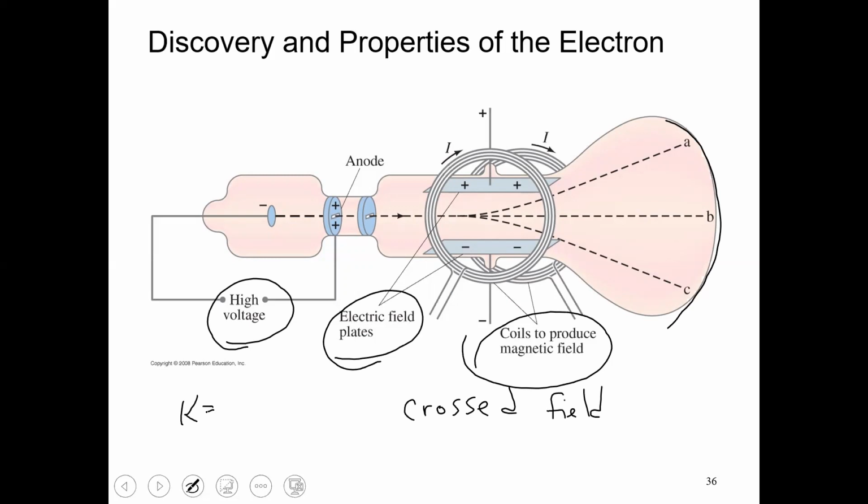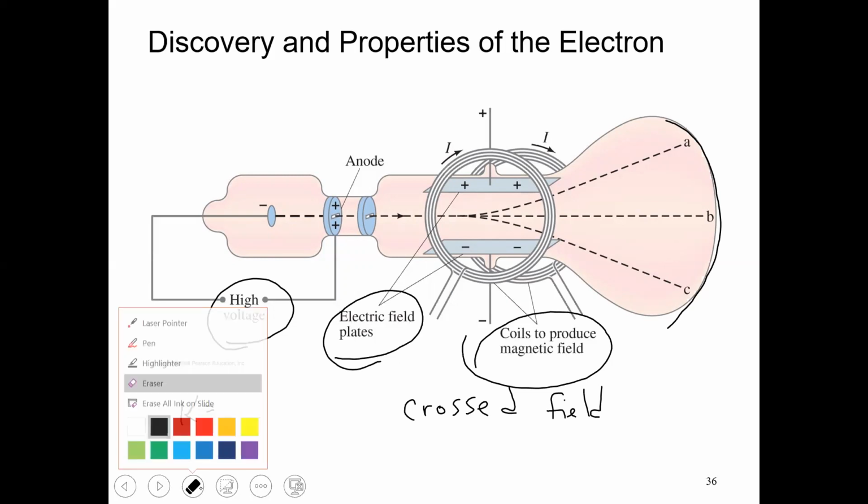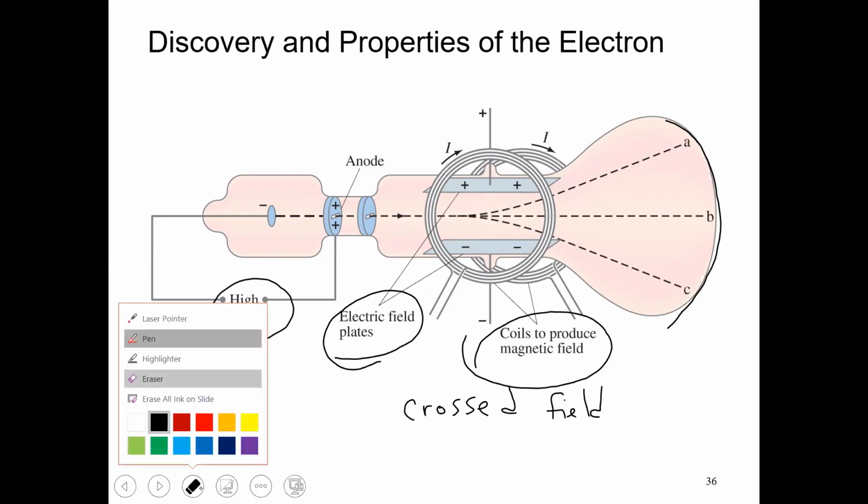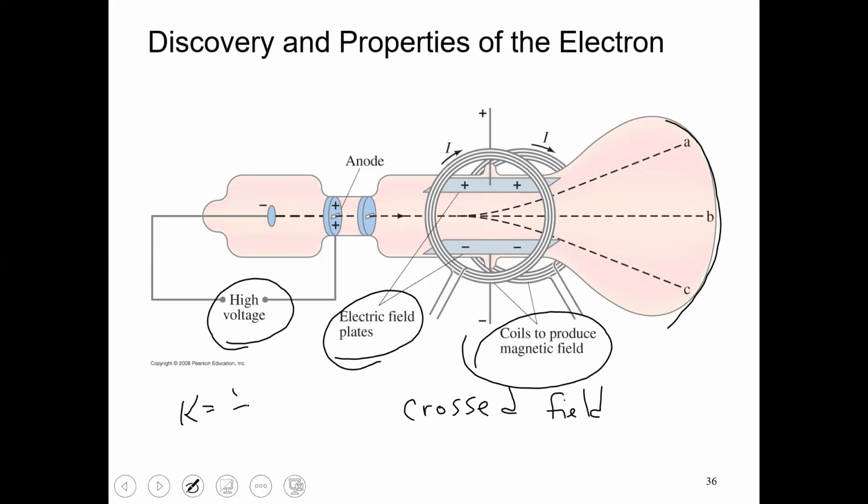Remember our potential energy in an electric field. We can figure out the potential energy of our charge in an electric field, and we turn that potential energy into kinetic energy, so we can figure out how fast it's going.